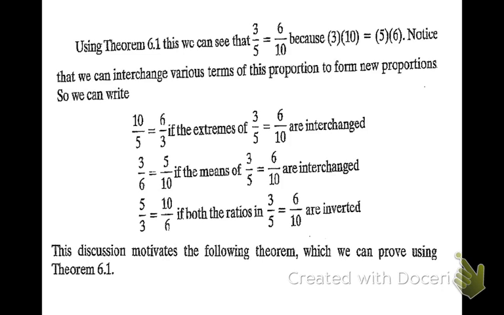You just take the original proportion and exchange the places of 10 and 3. You can do that. You're cross multiplying, right? If they're multiplied times themselves, then you can exchange them. Same thing for the means. We can exchange the position of 5 and 6 because you're multiplying them times each other. That's not going to affect it.